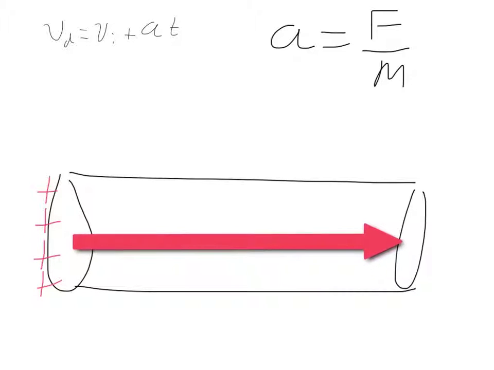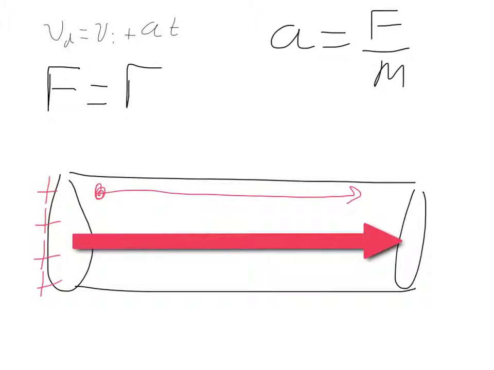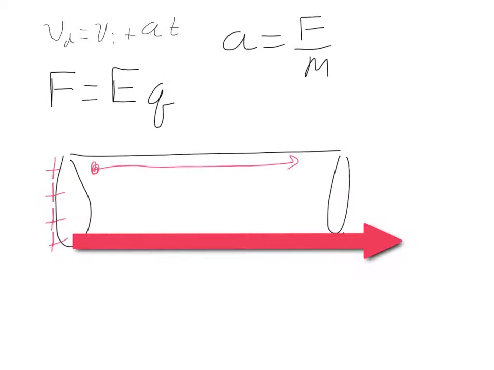And that electric field is going to motivate positive charges to move from the left side to the right side. It's going to be a force. And the force on any charge is related to the electric field: the electric force is equal to the size of the electric field times the size of the charge.